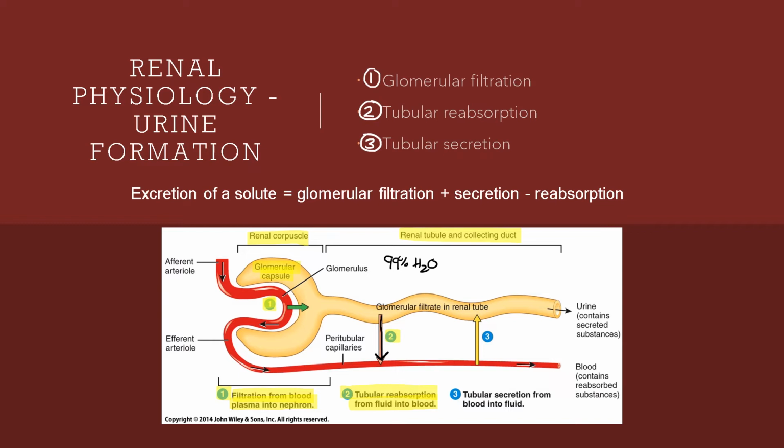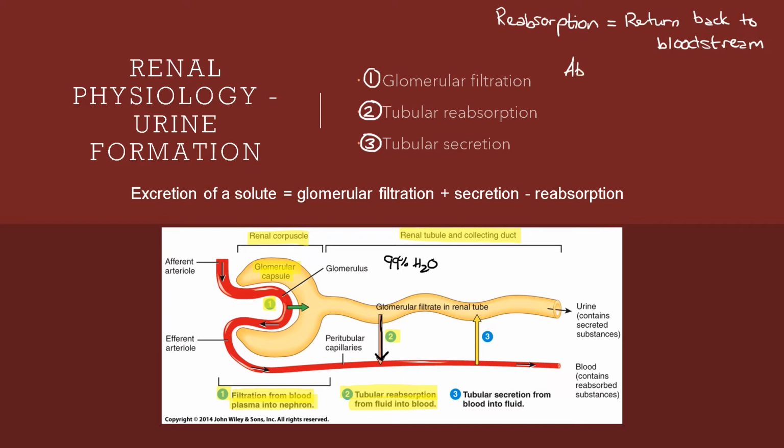Two terms that we need to know the difference between here. The first one is reabsorption. The term reabsorption refers to the return of substances back to the bloodstream. So essentially you're reabsorbing it back into the body so that it is not excreted in the urine.